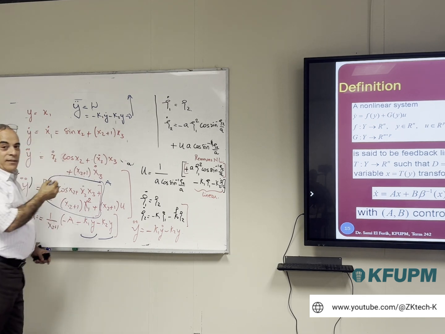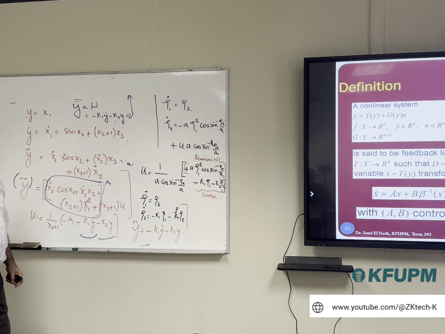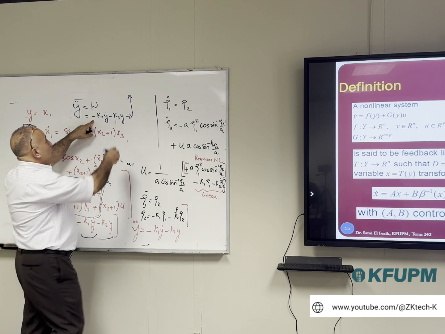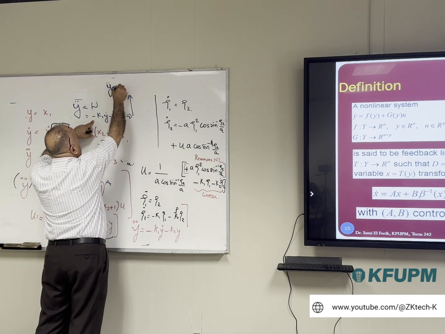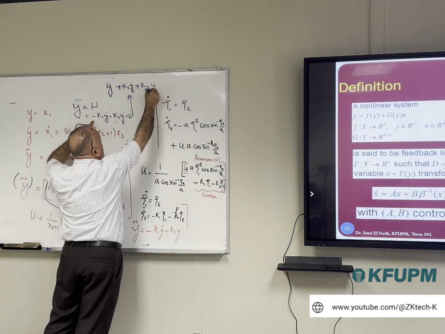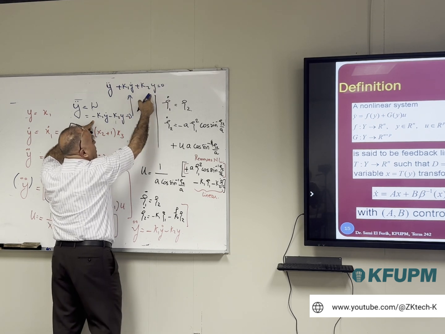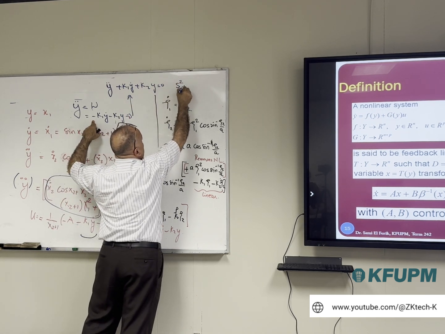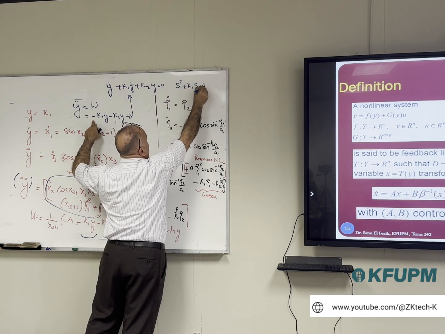So we are able to write y double dot plus k1 multiplied by y prime plus k2 multiplied by y equal to 0. The characteristic equation of this is s squared plus k1 multiplied by s plus k2.